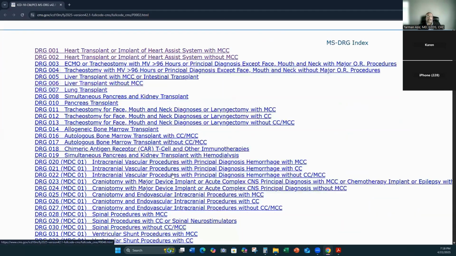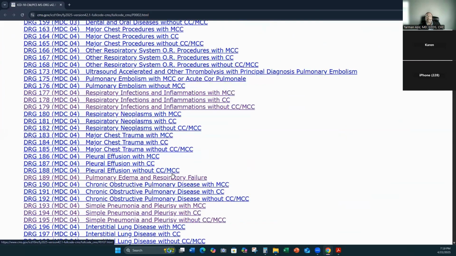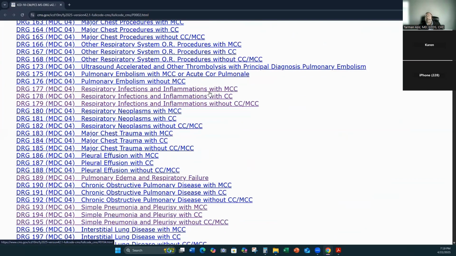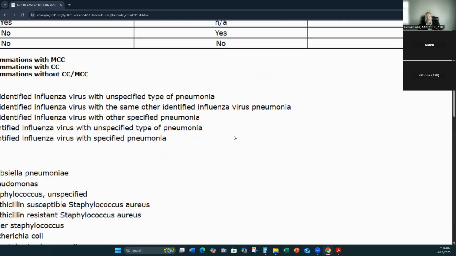And you can simply dial up DRGs 177 to 179. You see them here: respiratory infections and inflammations, either with MCC, with CC, or without CC/MCC. And it doesn't much matter which of these three you look at because we're looking for the PDX list that gets us into this category.